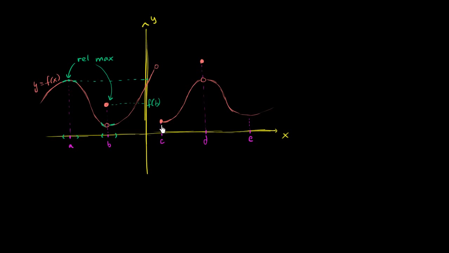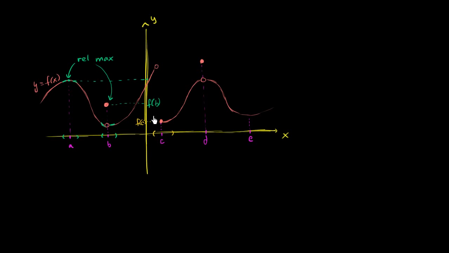Now what about c right over here? Well, if this was just at the bottom of a kind of, it would look like E, your classic relative minimum point. But c, look at this discontinuity, what's going on here? We just have to think about, can we construct an open interval around c where f of c, this is f of c right over here, is less than or equal to f of x for the x's in that open interval?